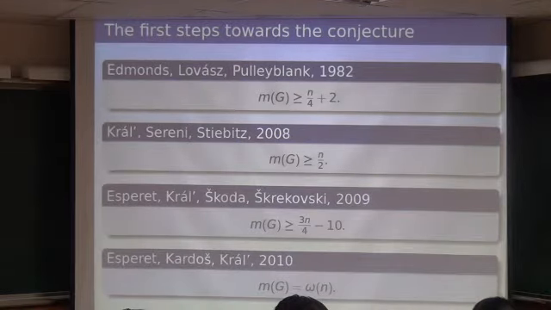And then finally Esperet, Kardosh, and Kral proved a superlinear bound on the number of perfect matchings. There's still some debate as to whether or not this is as big as n log n or n log log n or anything like that. But it grows faster than n, just not very much faster. So getting to the exponential bound is a big step.